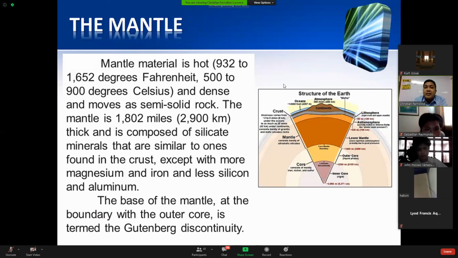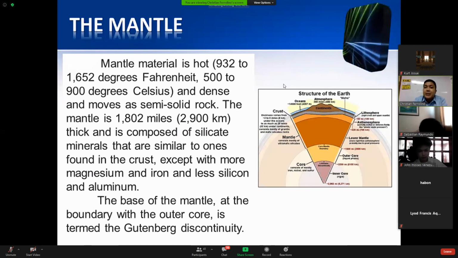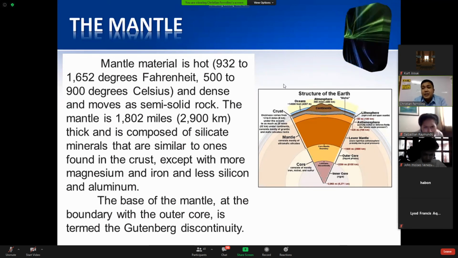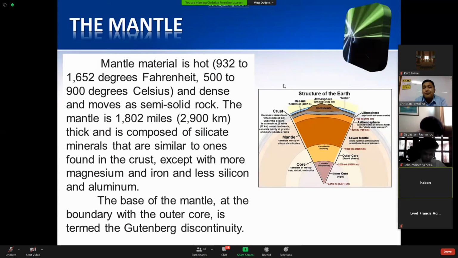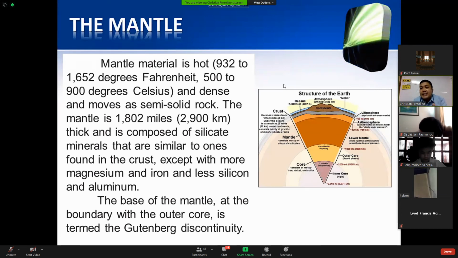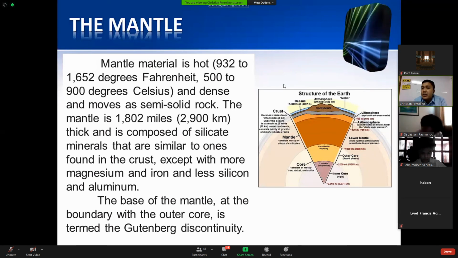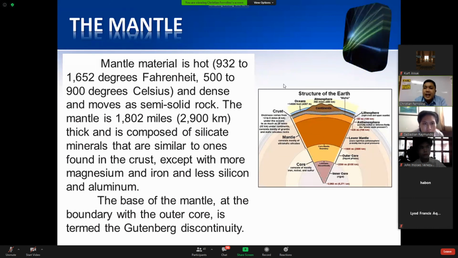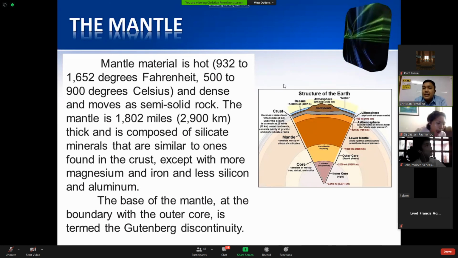Also, you may notice that the temperature now is going into a range of 500 to 900 degrees Celsius, which is not found in the crust. Fundamentally, the crust is a normal temperature na kung saan tayo ay nabubuhay. This higher temperature of the mantle creates a partial melting of the rocks, creating a semi-solid material which is now able to flow.